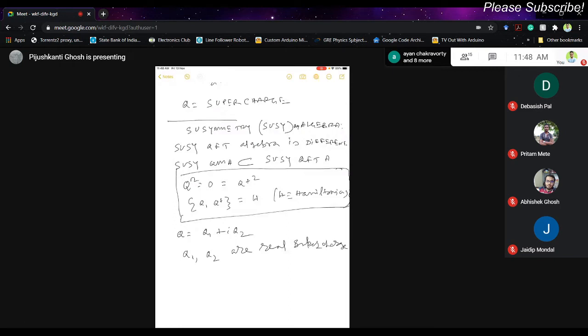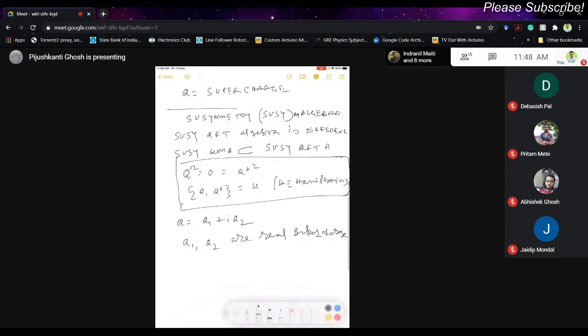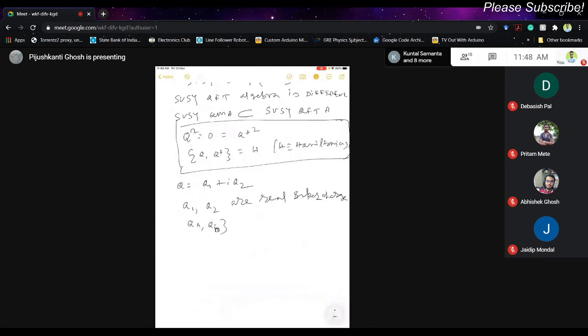In terms of real supercharges, the algebra is that the anticommutator of QA and QB is equal to twice H. Okay, so that means if A is equal to B, Q1 squared is equal to 2H, and the anticommutator of Q1 and Q2 is 0.